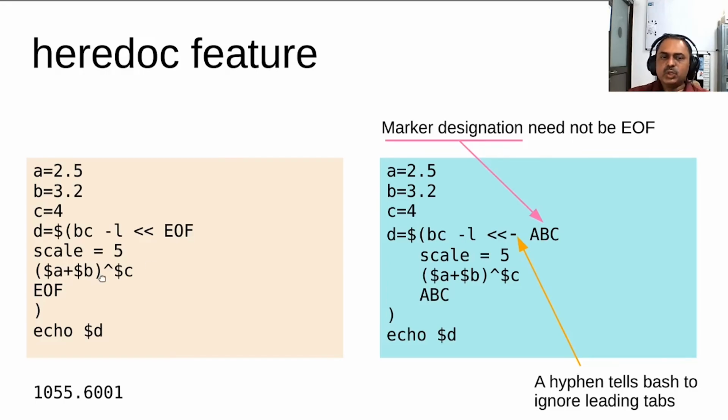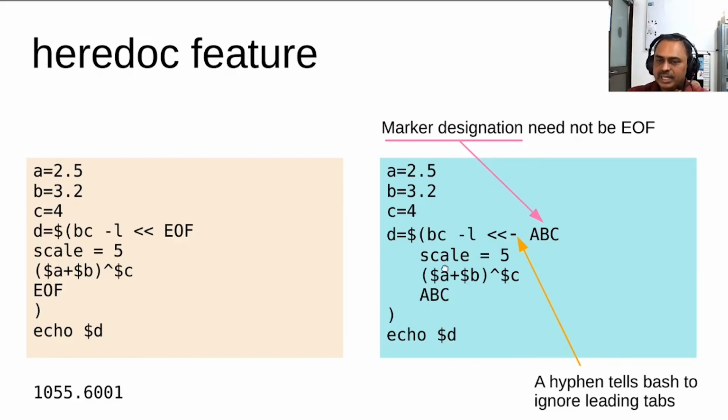Now sometimes you may want to make the code slightly more readable by using indentation. So if you want, you can have a tab character to indent the script, but you need to have a hyphen after the 2 less than symbols for the marker so that the tab characters are ignored. This is important because there are some commands, in this case BC, which doesn't bother about the tab characters, but there could be some commands where the initial tab could be a problem.